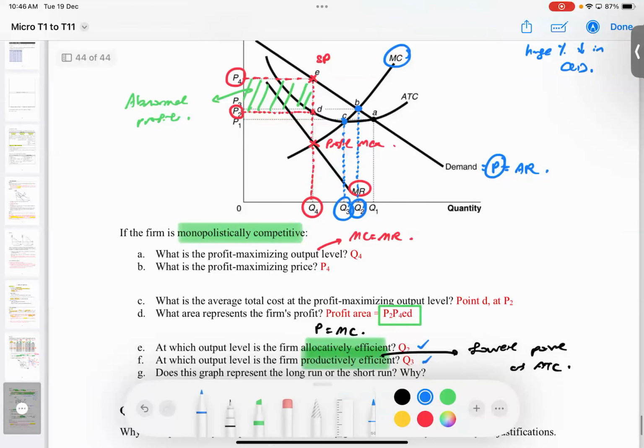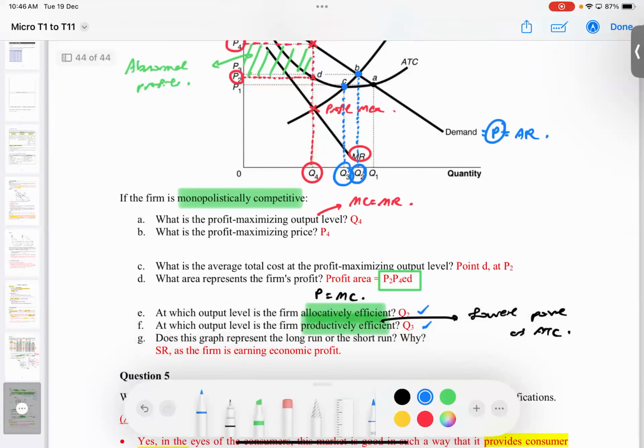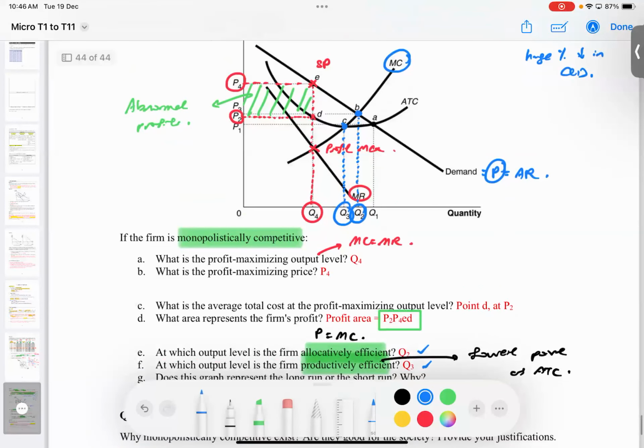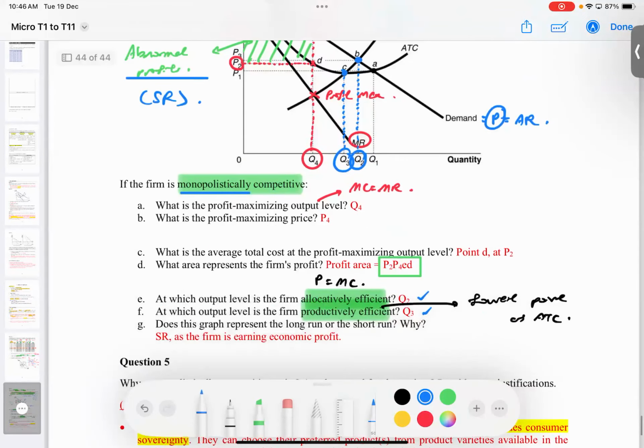Finally, does this graph represent the long run or the short run? How do you know? It depends on the profits. They are earning abnormal profits, and it is a monopolistic firm. So they only earn abnormal profits in the short run, so we know this is a short run curve, because they are still earning economic profits.